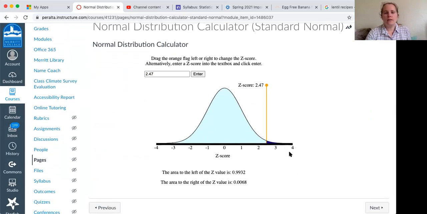And we are looking to the right of that z-score. So we have a right area of 0.0068. I am just going to record that on my tablet. And now I'm going to switch back.